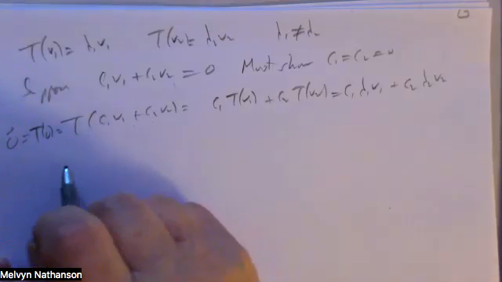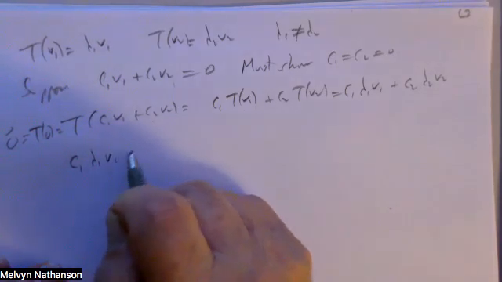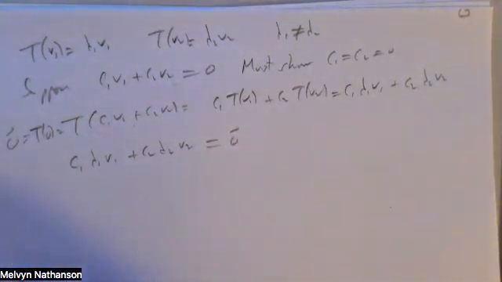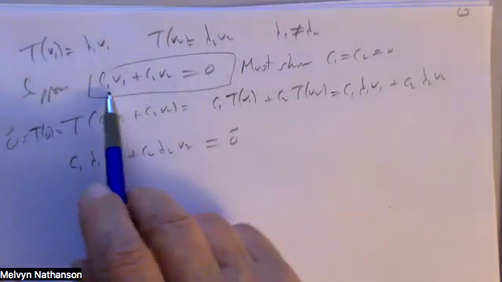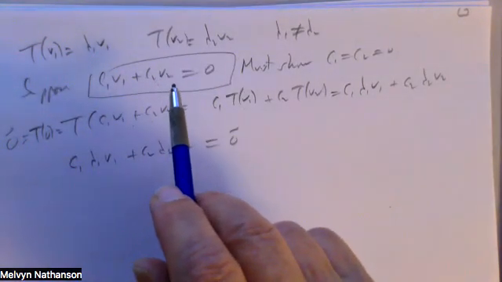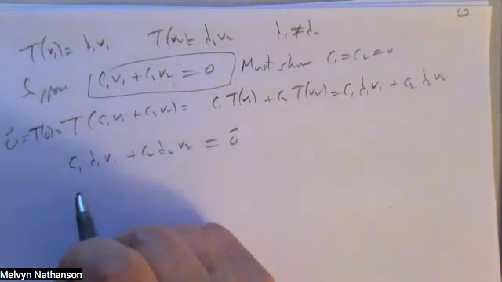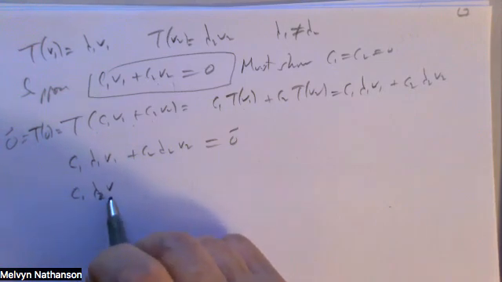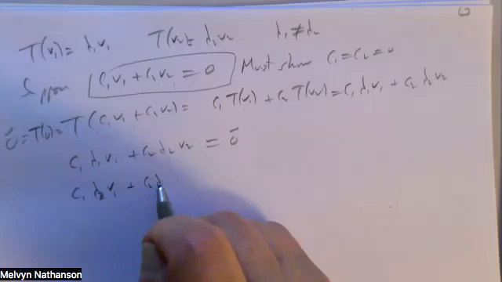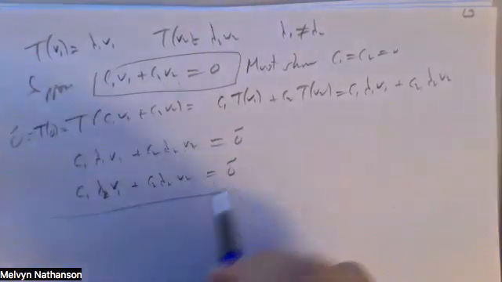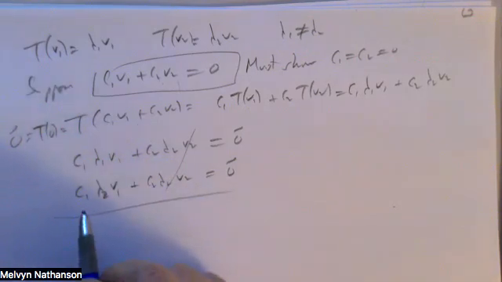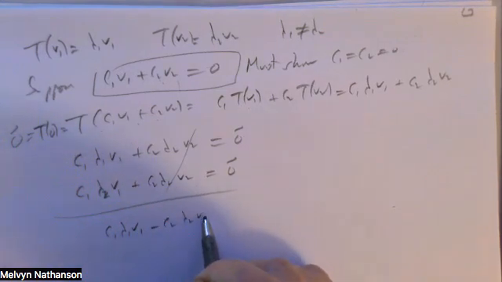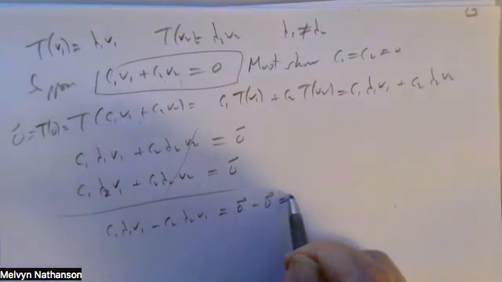So we have C1 lambda 1 V1 plus C2 lambda 2 V2 is the zero vector. If I take this equation and multiply it by lambda 2, I get C1 lambda 2 V1 plus C2 lambda 2 V2 is also the zero vector. If I subtract, these cancel, I get C1 lambda 1 V1 minus C1 lambda 2 V1 is 0 minus 0 is 0.